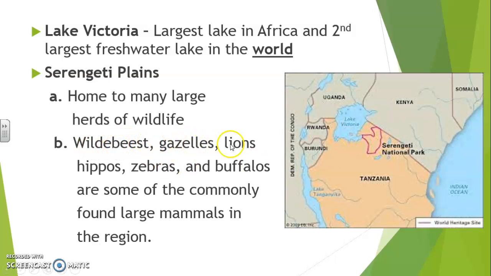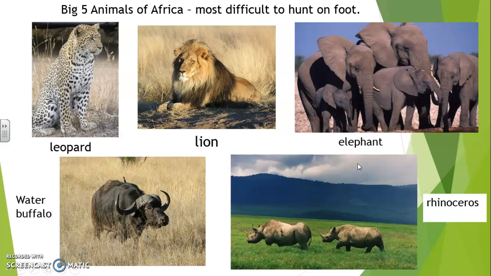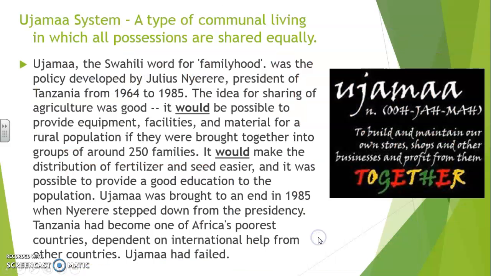Lots of them. Then gazelles, lions, hippos, zebras, and buffaloes. Other large ones. But you remember the Big 5? They're also there. The ones that are most difficult to hunt on foot. The Big 5 are the leopard, the lion, the elephant, the water buffalo, and then the rhinos. So they're also found in the Serengeti.